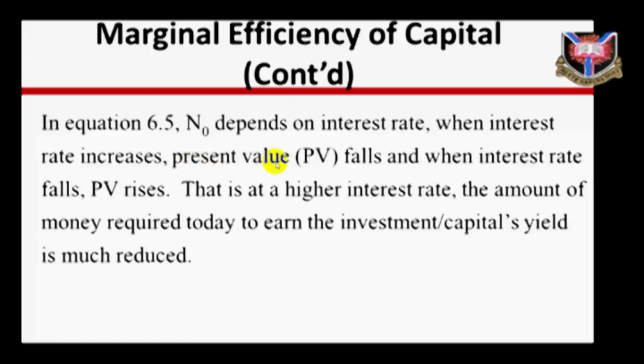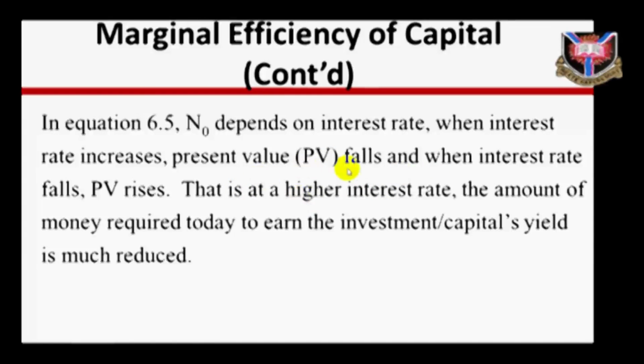The corresponding present value can then be found by discounting equation 6.3 by 1 plus R to power 2. This yields N0 equals N2 over 1 plus R to power 2. Thus, at time t, the present value of N will be given by N0 equals Nt over 1 plus R to power t.